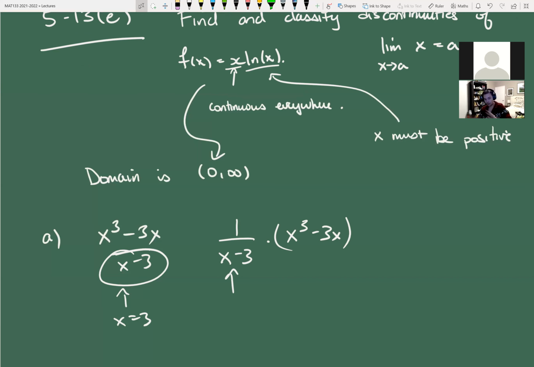But 1 over x minus 3 is not allowed. So x equals 3 is going to be the only issue there. This one's actually going to be removable because, oh, sorry, is it x cubed? Oh, it is x cubed. So what's going to happen? X squared minus 3 divided by x minus 3. Yeah, it's the only discontinuity. And it looks like it's going to be essential, actually.